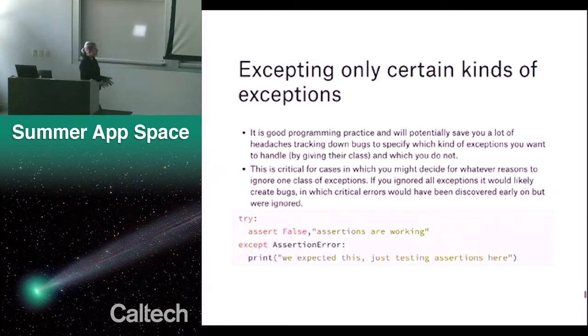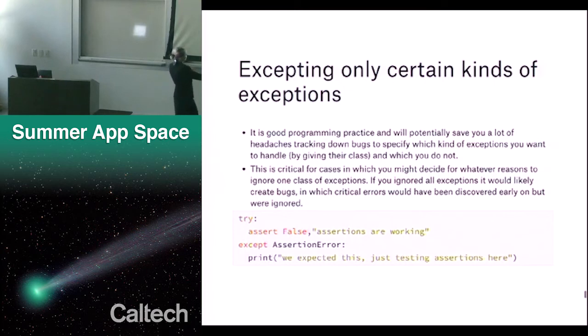It's good programming practice and will potentially save you a lot of headaches tracking down bugs to specify which kind of exceptions you want to handle given the class and which you do not. This is critical in cases in which you might decide for whatever reason to totally ignore one class of exceptions. If you ignored any exception in the universe, it might create bugs because you do want to know if your code isn't functioning as expected.